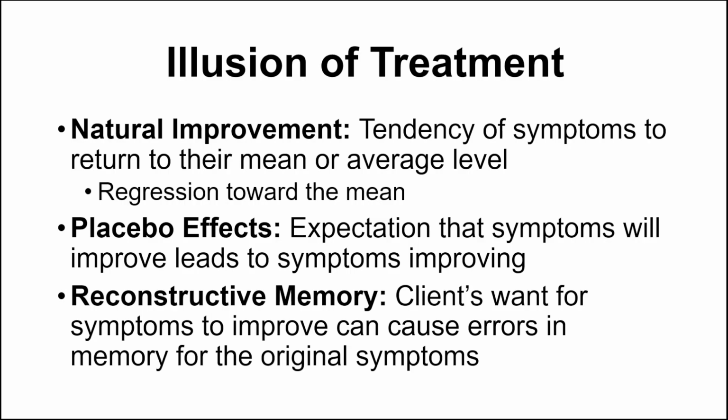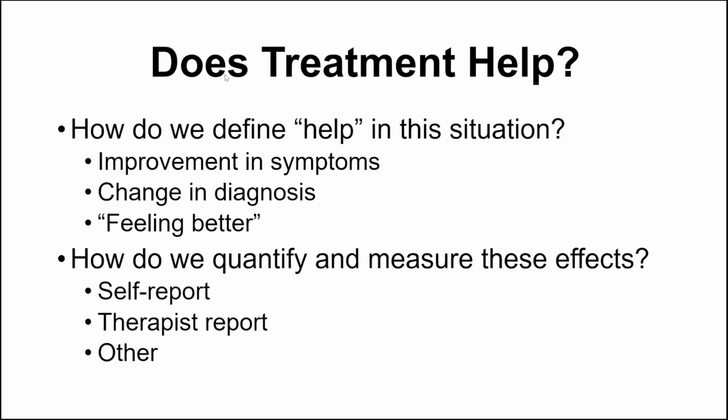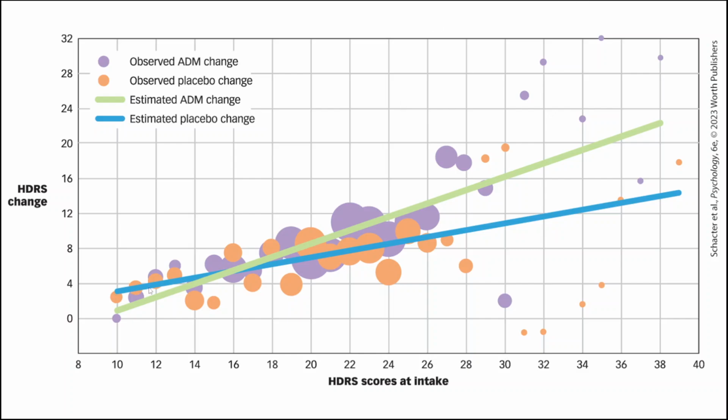And so when we're looking at things like people seeking treatment, they're usually finally seeking treatment because they expect that doing this is going to help improve their symptoms. So what that means is their expectations that it will help means that it is much more likely to help. That's one of the reasons why when we were looking at our graph here, we saw that our blue line for our placebo is still showing that positive slope.